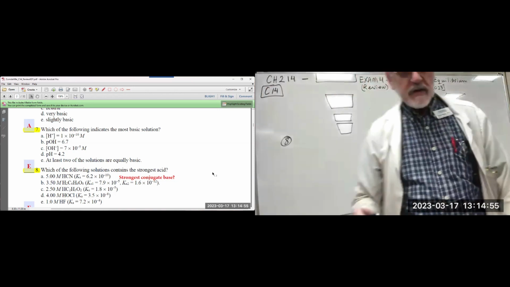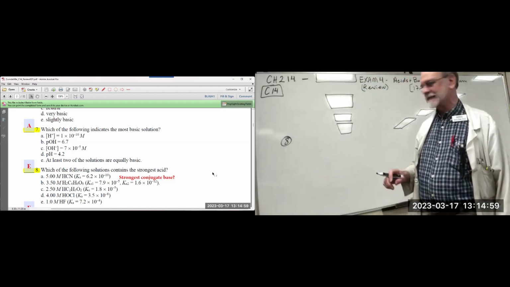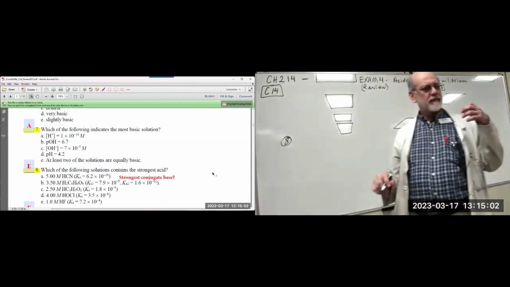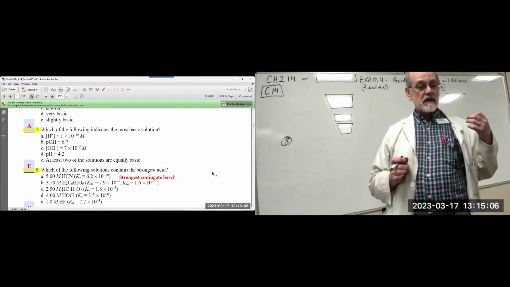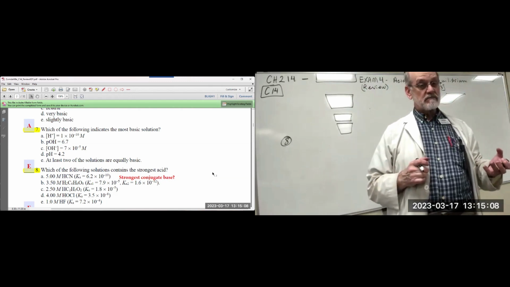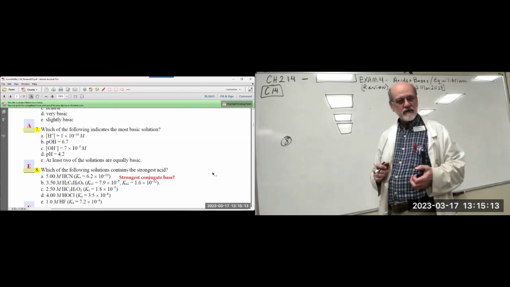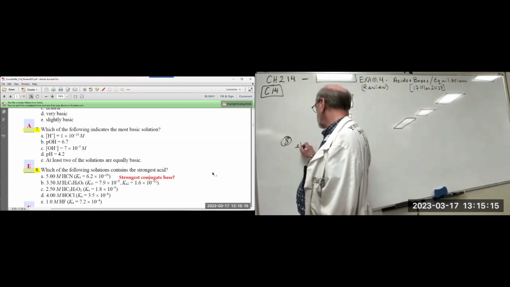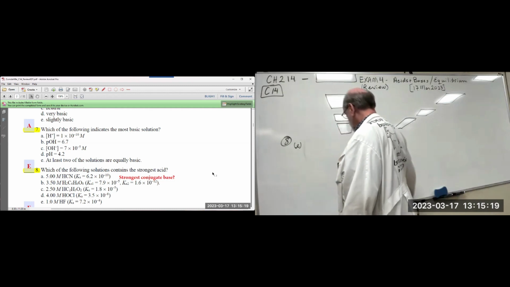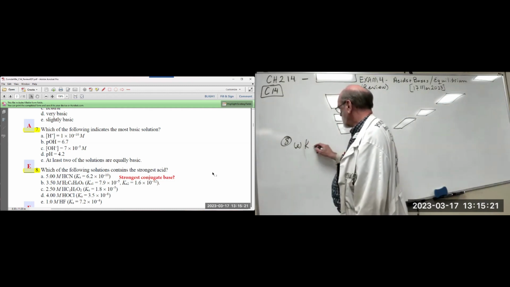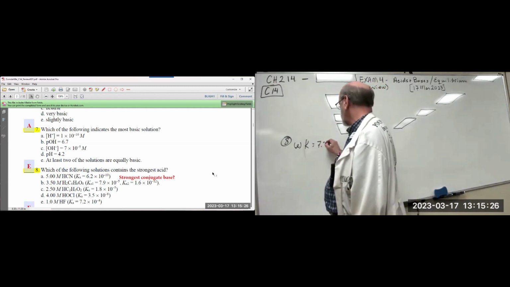All right. Which of the following solutions contains the strongest acid? Strongest acid. Okay. If you want the strongest acid, you need the largest K value, right? So the largest K value is E, with a K of 7.2 times 10 to the minus 4.